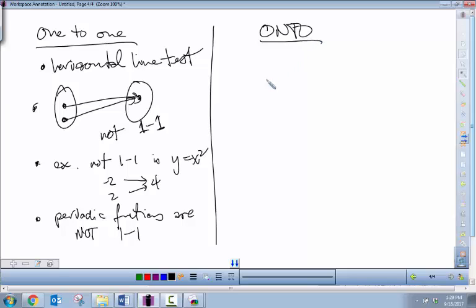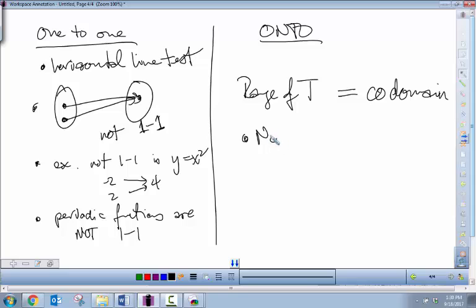So onto just means that the range of a function is equal to the codomain. If the range of a function is the same as the codomain, then it's onto. Not onto, an example would be y is equal to x squared.